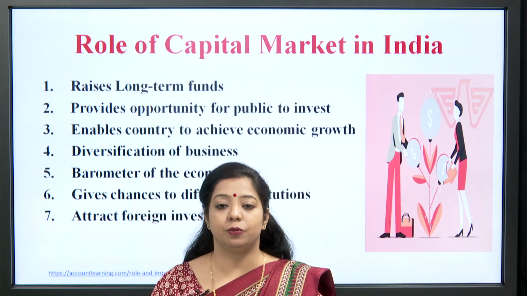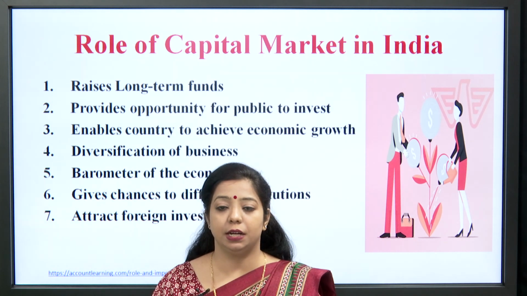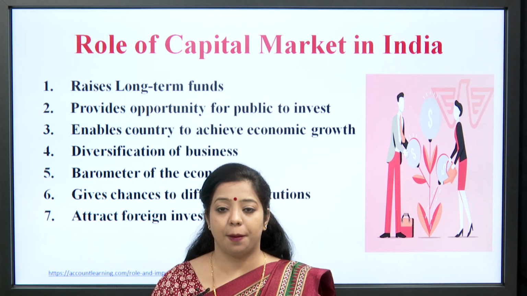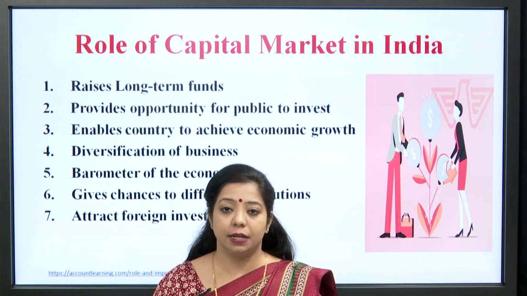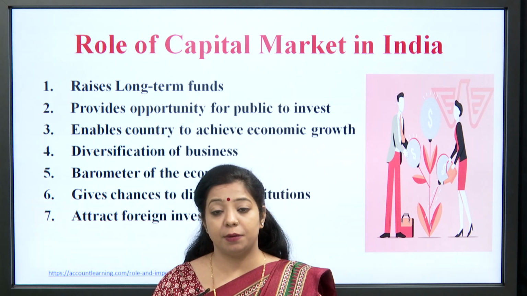Moving on towards the next topic, it is the role of capital market in India. We have properly understood the capital structure and the inadequacies of the capital market, but we should understand that the capital market is very important at the same time.